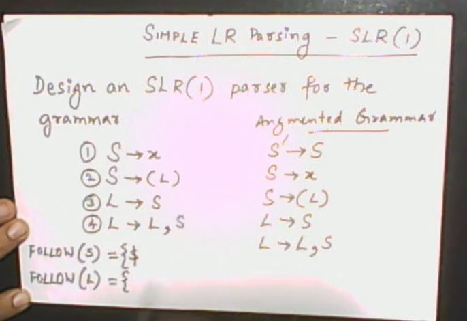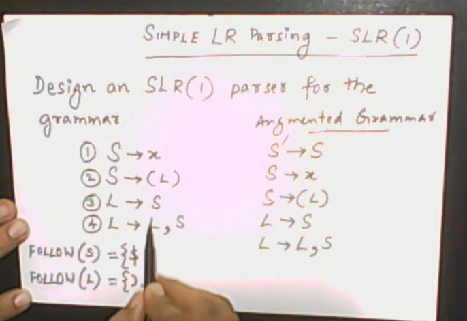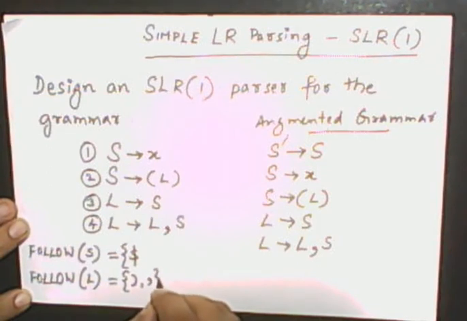So in follow of L you have right parenthesis, comma, and here as per this, if you want to find the follow of L, that is first of the remaining section, that is first of comma S. Since comma is a terminal symbol, it is the second terminal symbol in this set, and that's it. Actually, follow of L will have right parenthesis and comma.